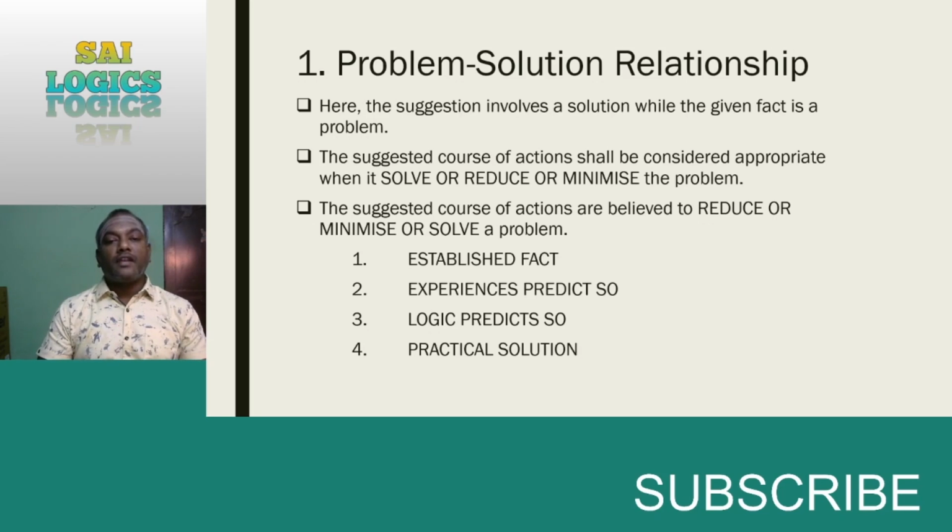A course of action is to be treated as correct when it totally solves the problem, or at least reduces the intensity of the problem, or at least minimizes the intensity of the problem. If any of these three is achieved, then the suggested course of action is to be treated as a correct course of action. There may be four types of questions asked from this problem-solution relationship.